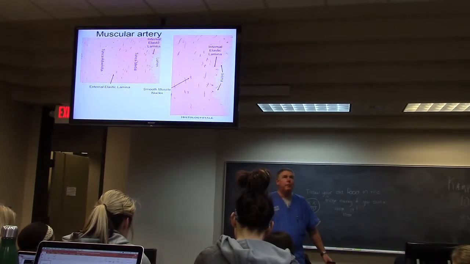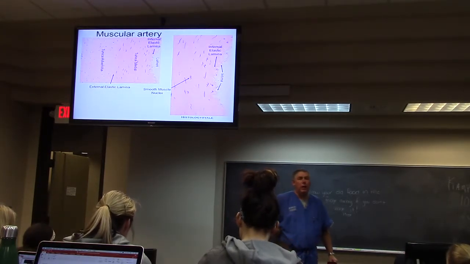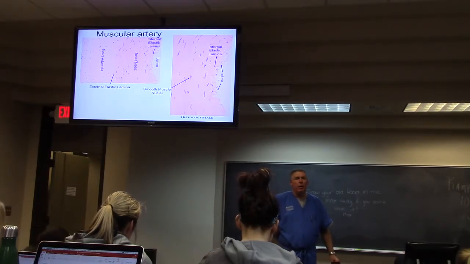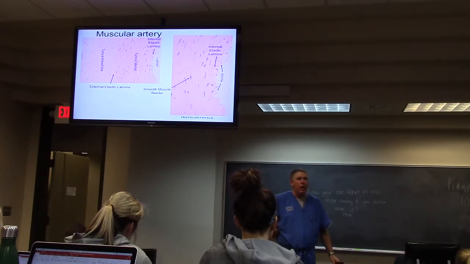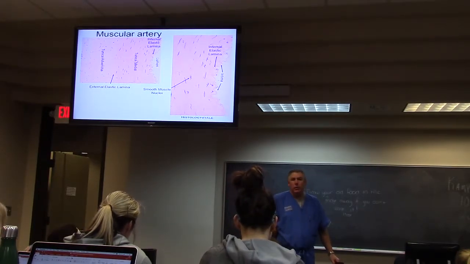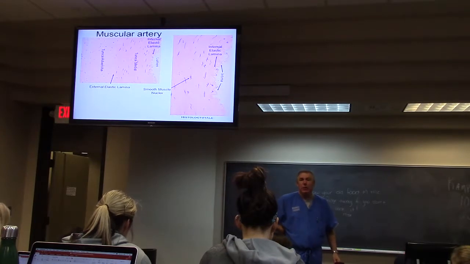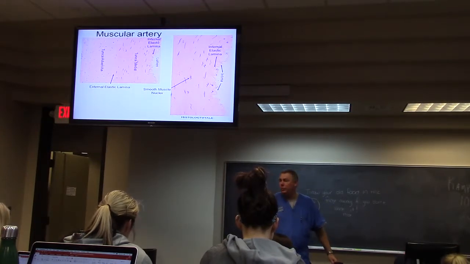So here we go. First of all, you need to understand what arteries are all about. You take arteries like the aorta, the iliacs, carotids, large arteries like that. They're called elastic arteries because the wall of the artery is primarily made up of elastic fibers. It has to absorb the shock of systole 60 times a minute.